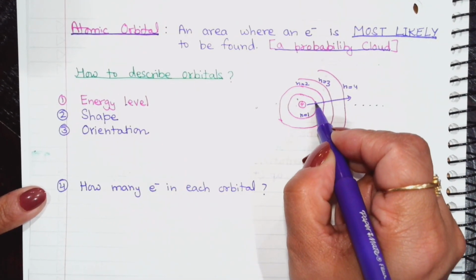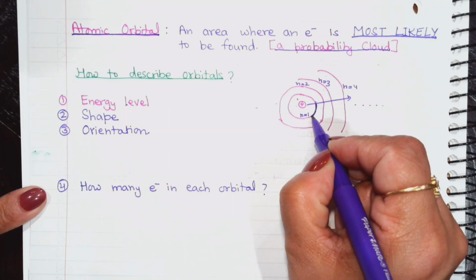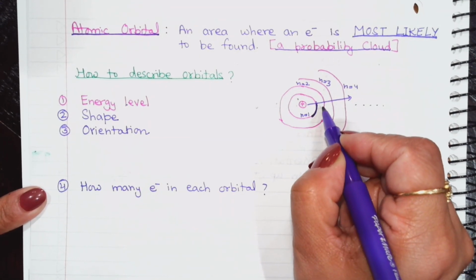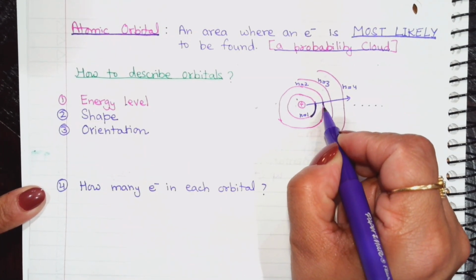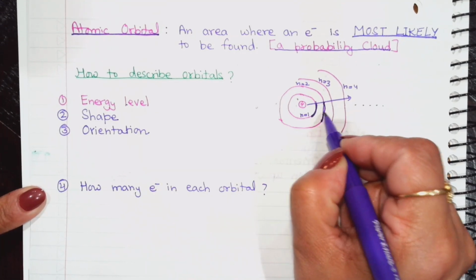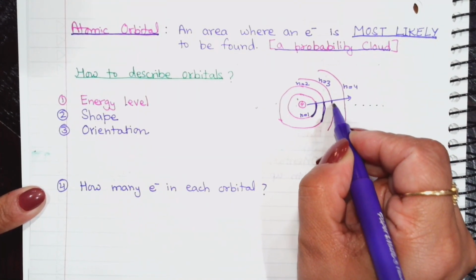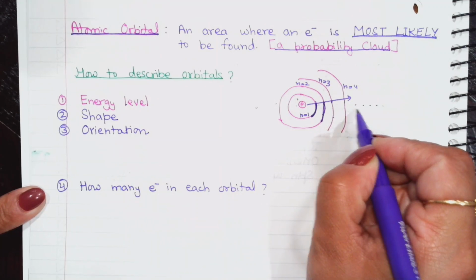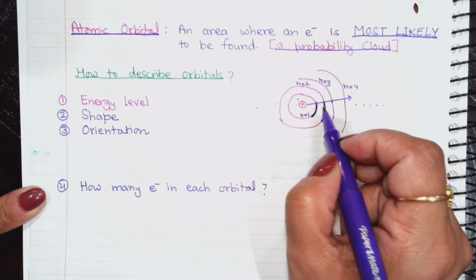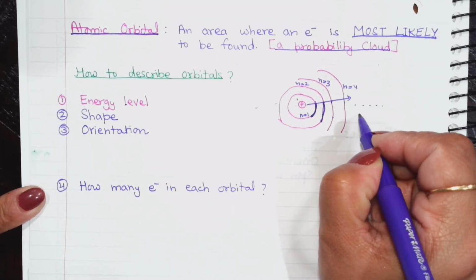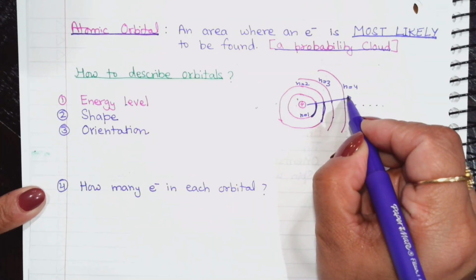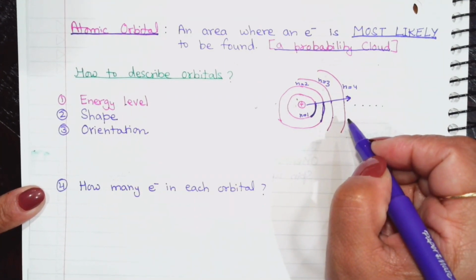This energy level has the lowest energy, the least amount of energy. N2 has slightly more energy than N1, N3 has even more energy, and N4 will have the maximum energy. So energy increases as we go outwards away from the nucleus, right?